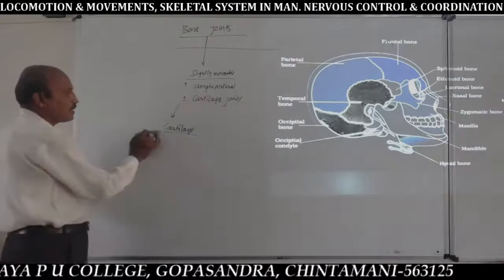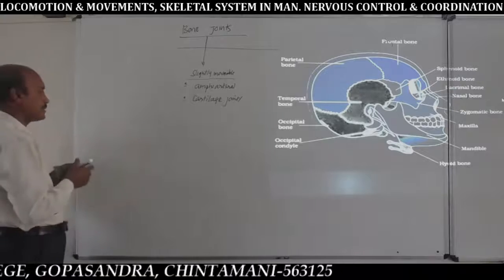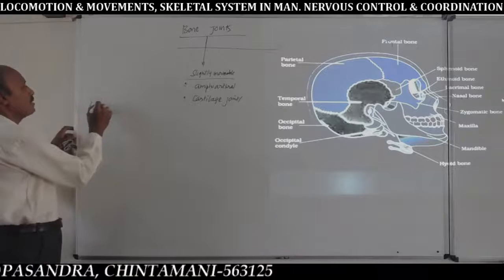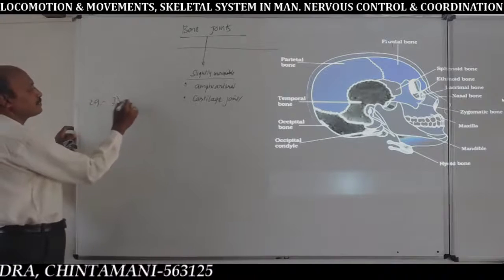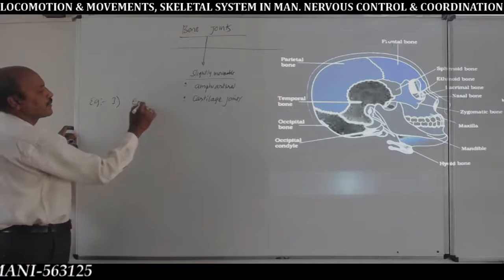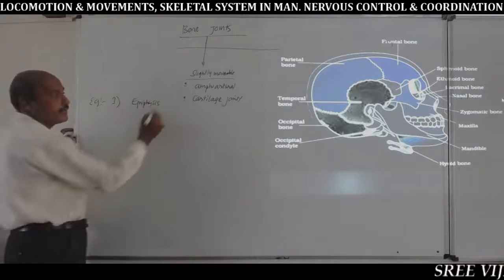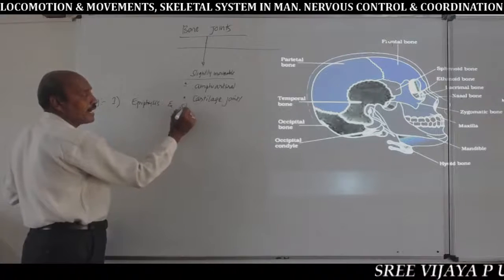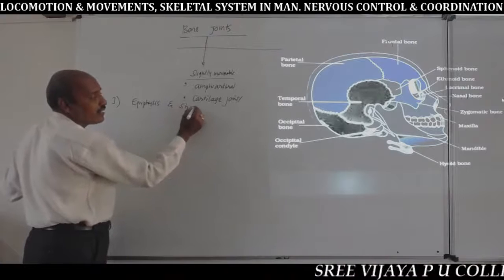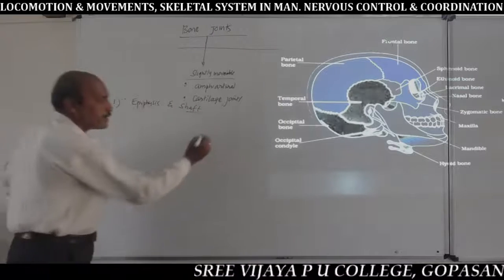Examples of amphiarthral or slightly movable joints. The first example is the epiphysis: the joint between the epiphysis and the shaft of the bone. You should remember this statement.